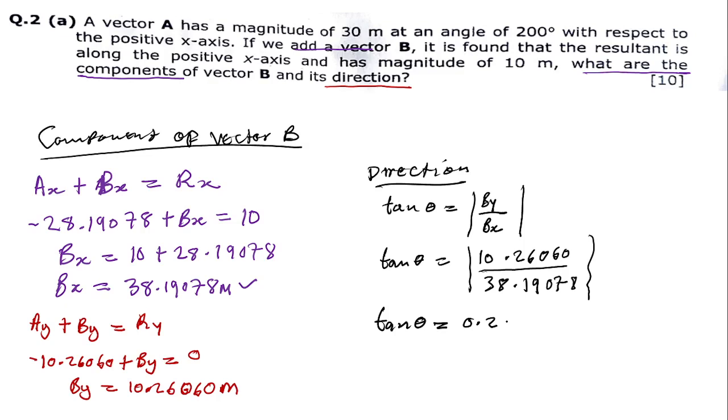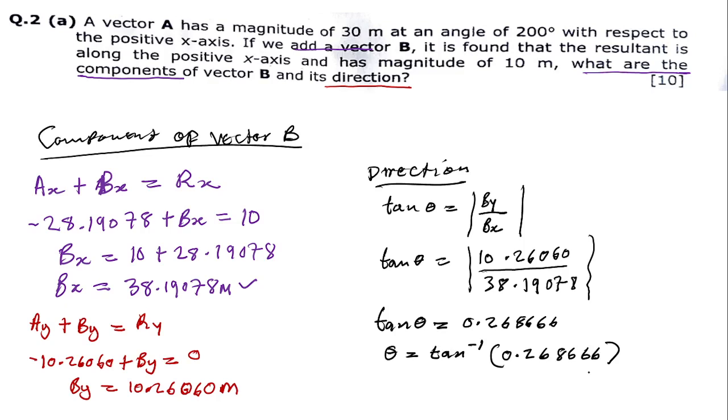Then theta will simply be equal to the tan inverse of that particular number, which is 0.268666.